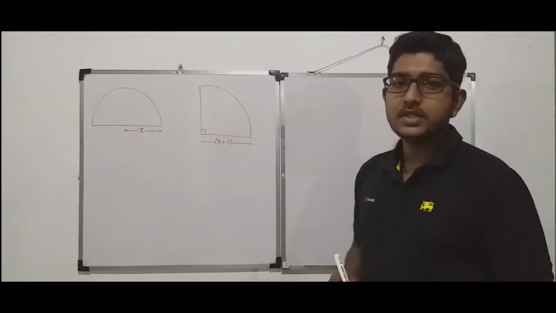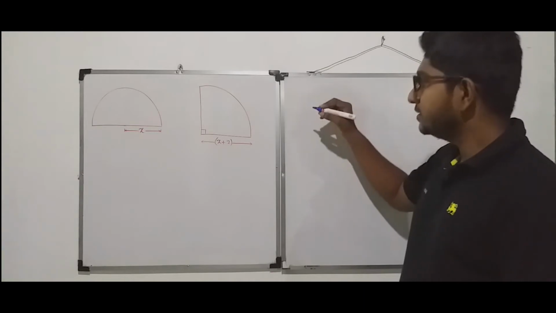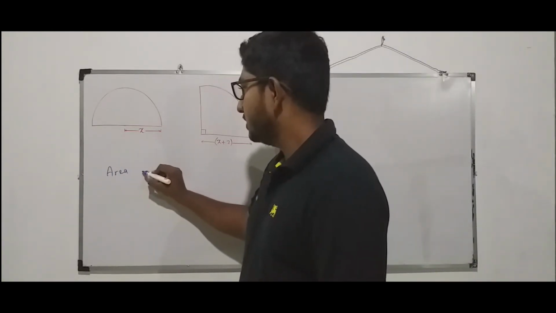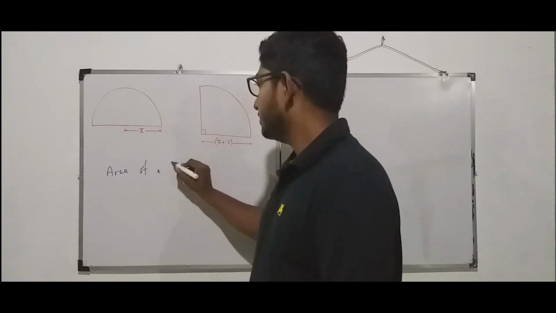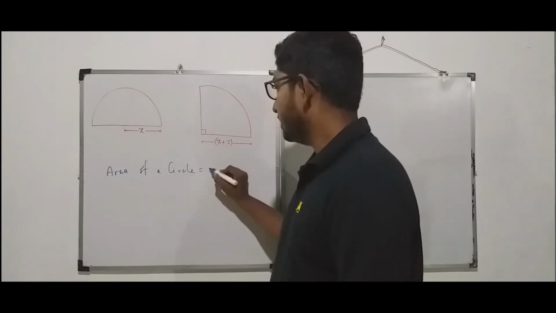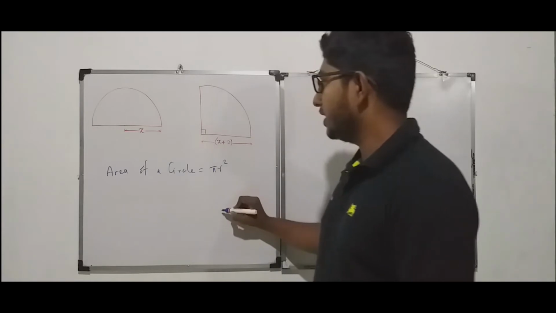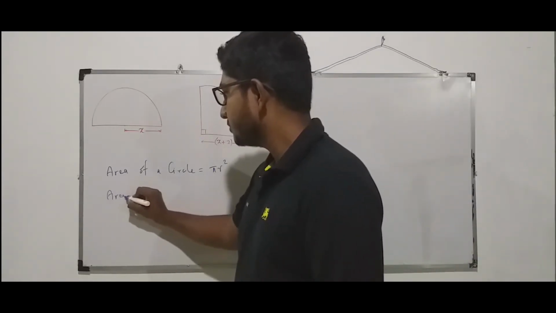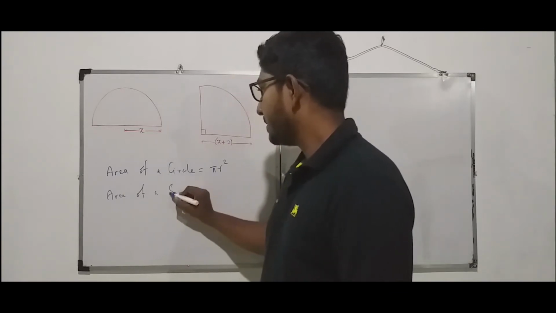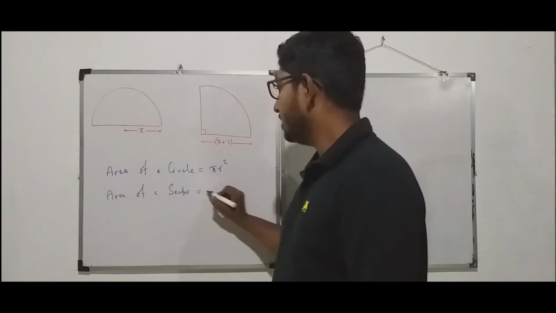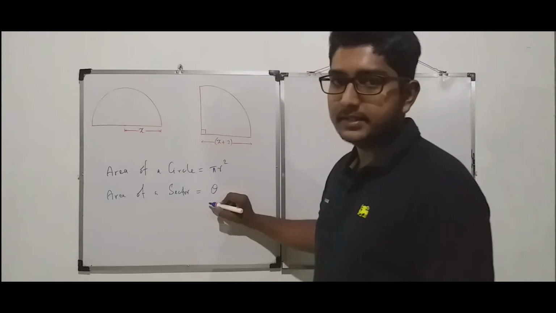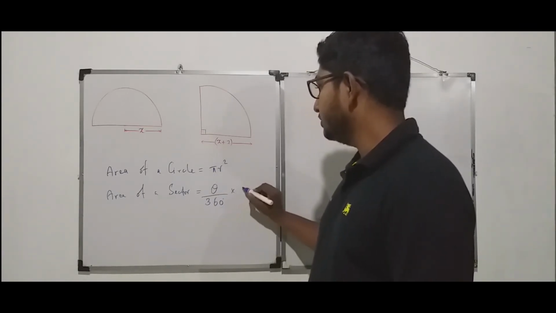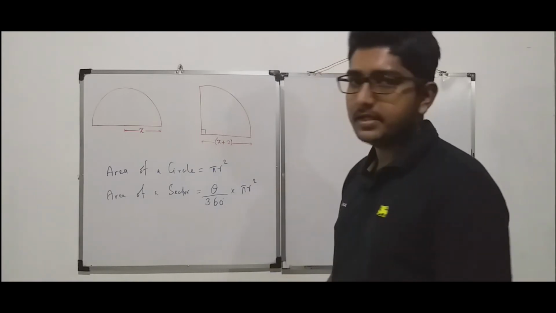So what is the equation to find the area of a circle? Area of a circle is πr squared. So area of a sector is sector angle theta over 360 into πr squared.